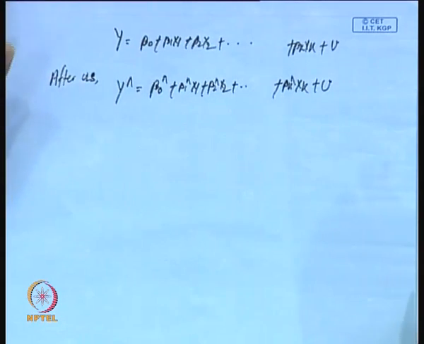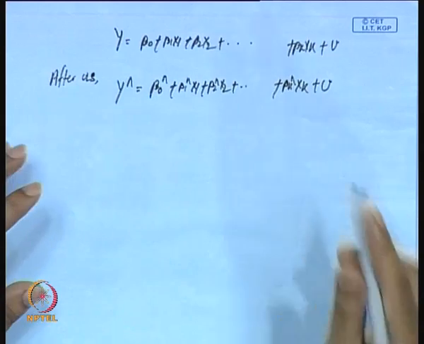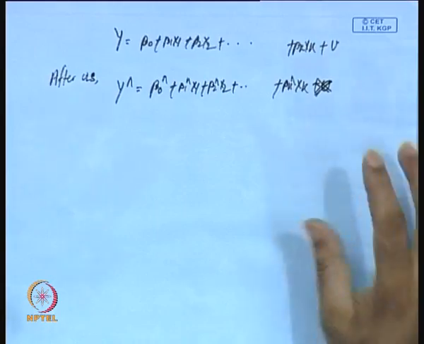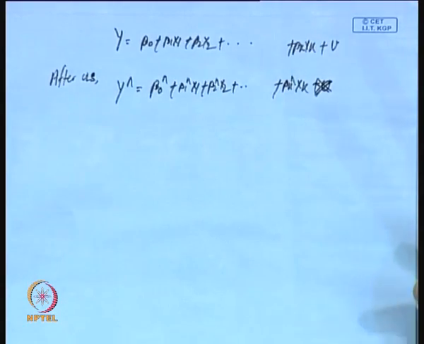This is the standard estimated model. Sorry, u is not here, because the moment you estimate, it is removed. The way we minimize the error sum of squares, we get the estimated model. So obviously in the estimated model there is no u component.